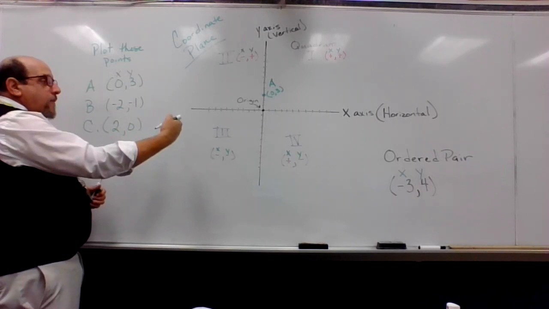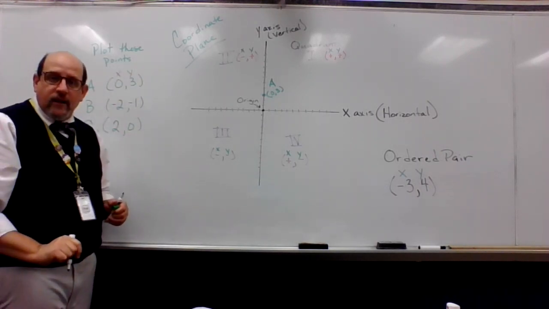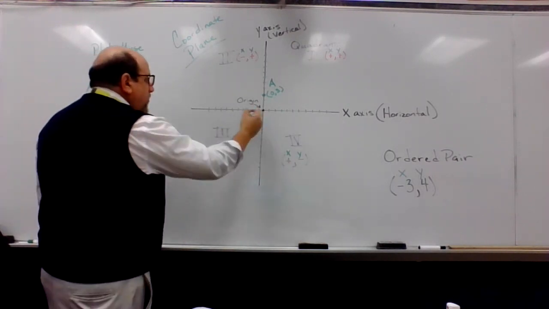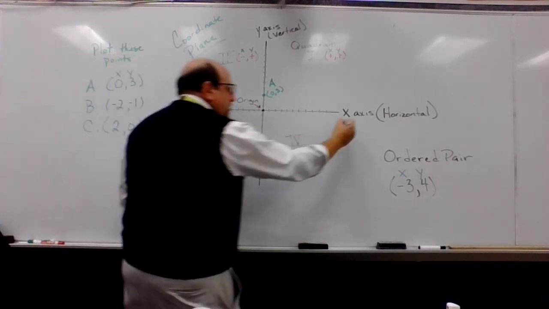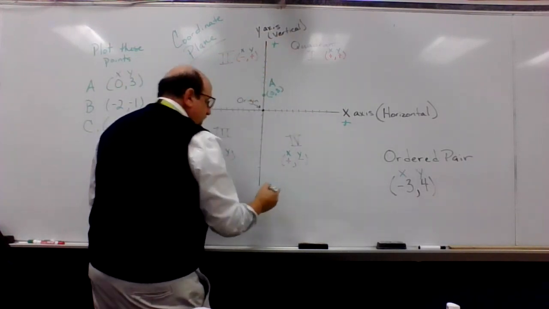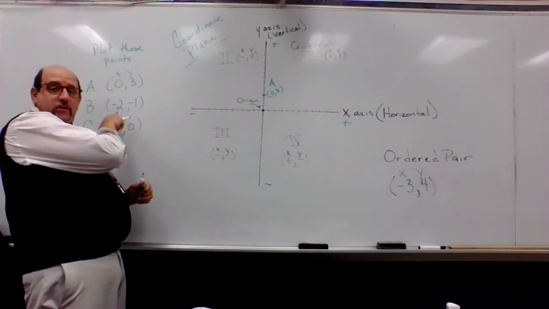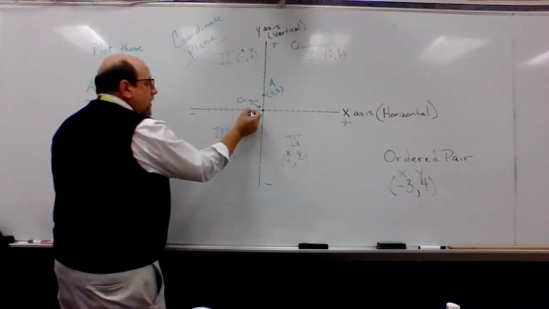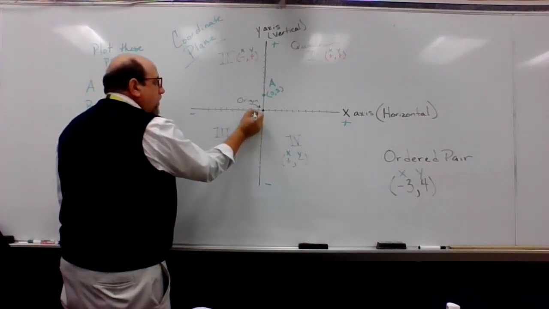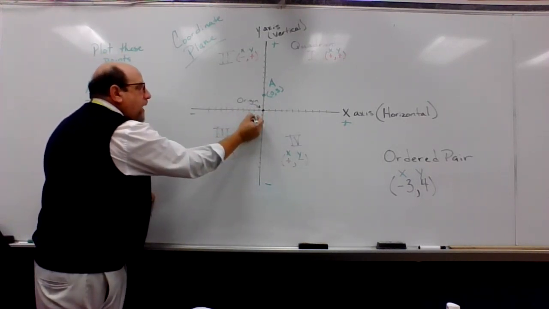B says count backwards 2 spaces and down 1 space and make a dot. So -2, right? This is the negative side, this is the positive side, but you already know that. Up is usually positive and down is negative. So now I'm going to count back 2 spaces, left 2 spaces, 1, 2, and then down 1 space and make a dot.